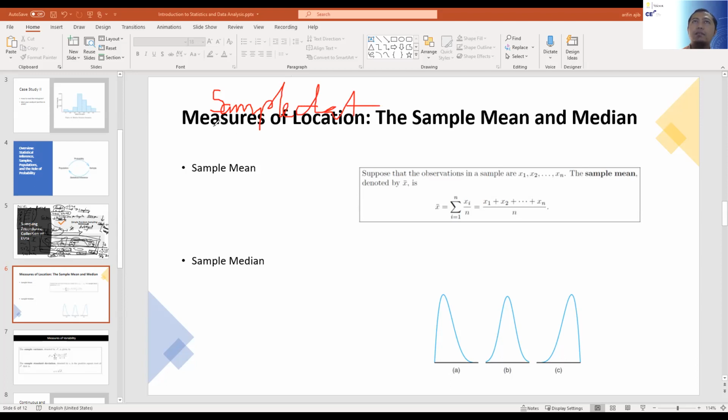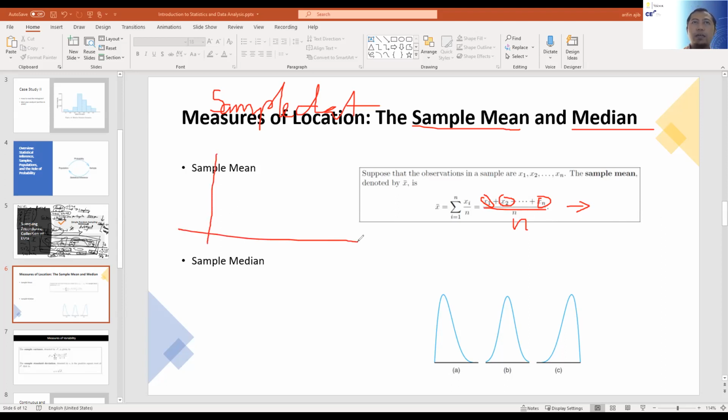The thing that mostly we want to know is sample mean. The second is sample median. Sample mean, it is very straightforward. Just sum up together all the data and divide it by n. This sample mean reflects the centroid of the data. Yeah, centroid of the data.